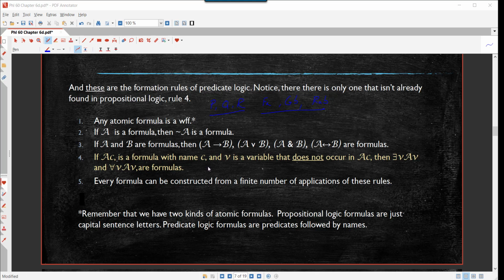Suppose you know that, say, let A be F, and let C be a. And so that's an atomic formula.